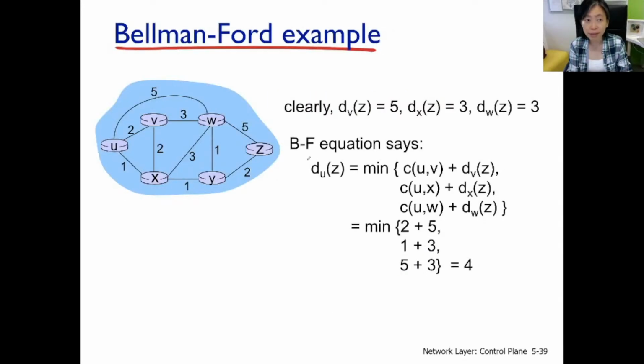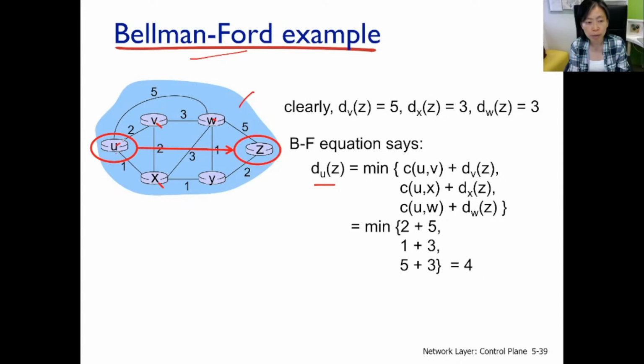Let's try to exercise the Bellman-Ford equation using an example. And let's calculate the shortest path from U to Z. Our first thing to do is, we need to have the neighbors report how they know about the destination.